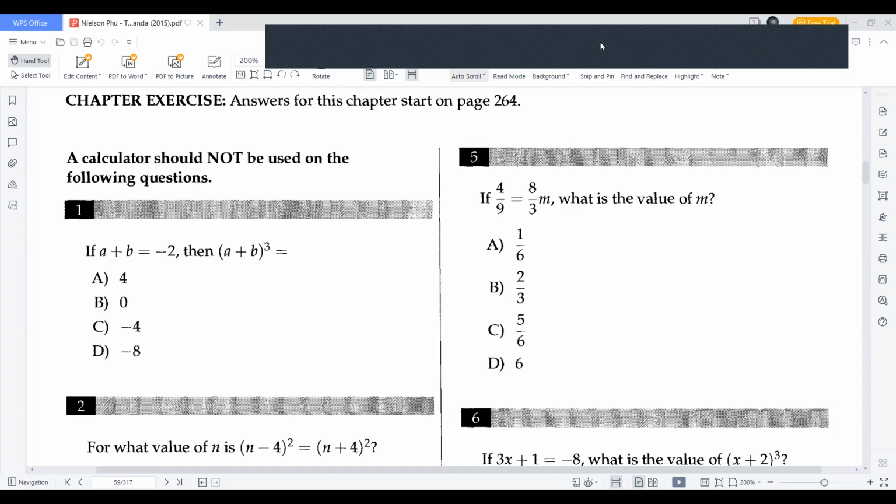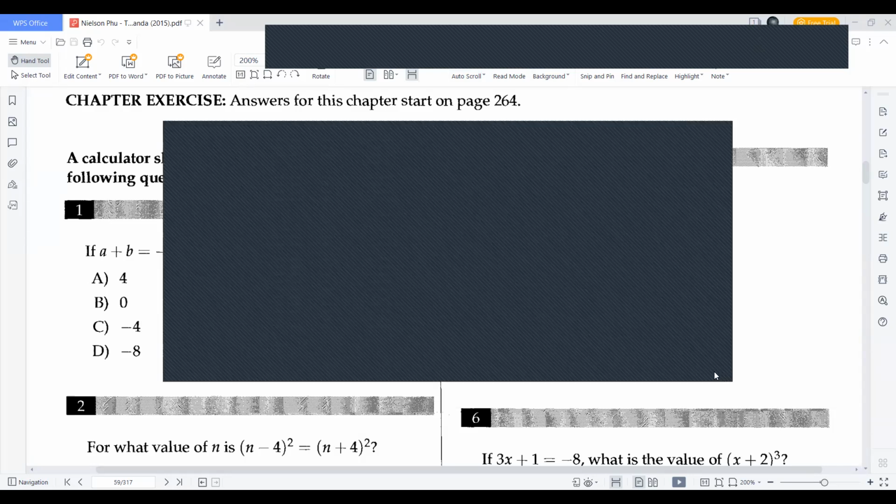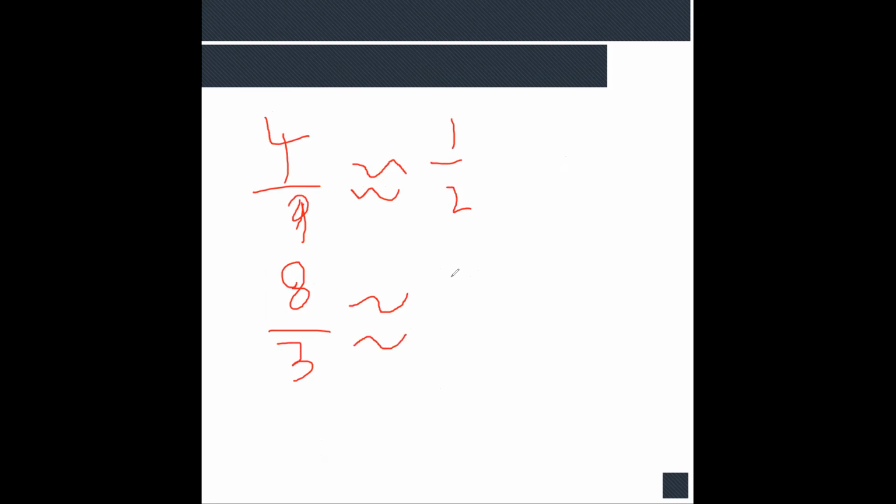Let me pull up a screen share here. So as we said, the 4/9 is roughly a half, and the other one, 8/3, is roughly 3.